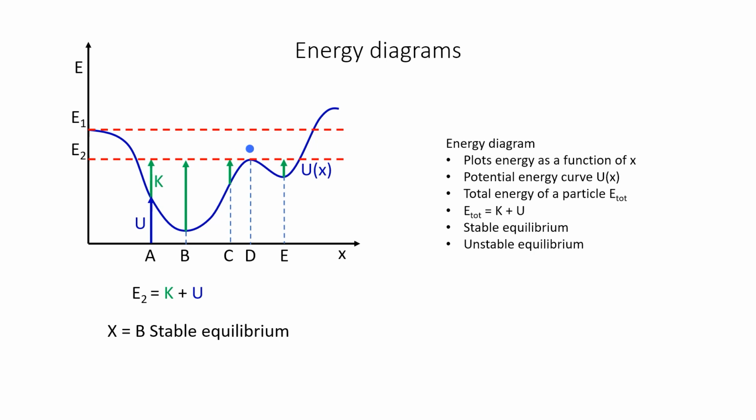When it gets to point D, all of the particle's energy will be potential energy and zero kinetic energy. Here the particle is stopped. This is what we call a turnaround point. The particle is going to turn around and go back toward position C. When it gets to position C, it's speeding up again.